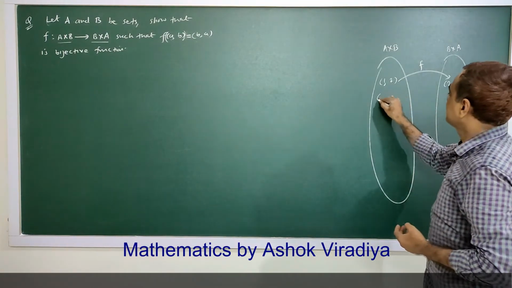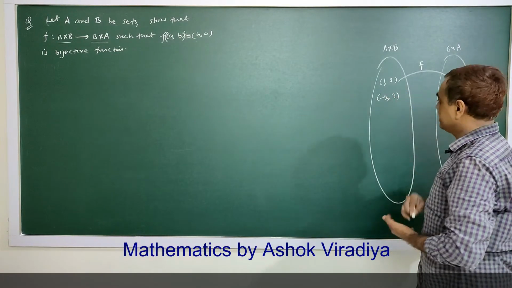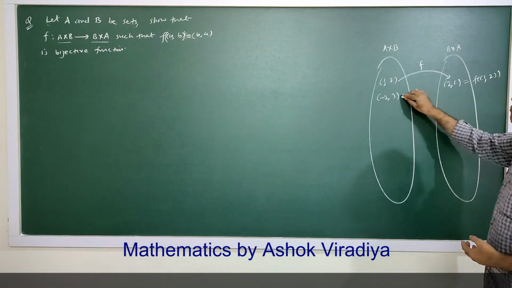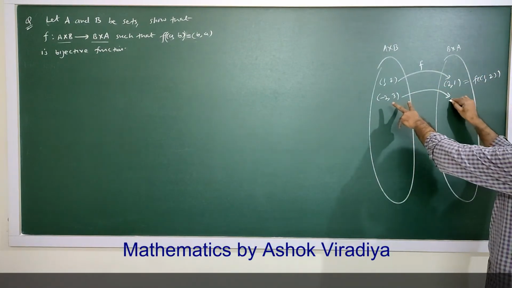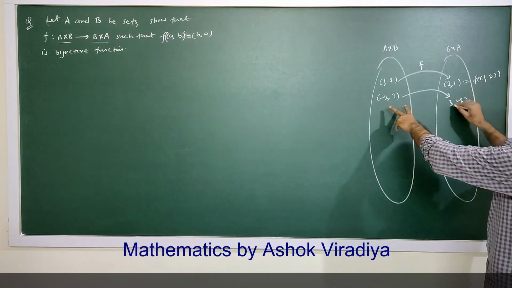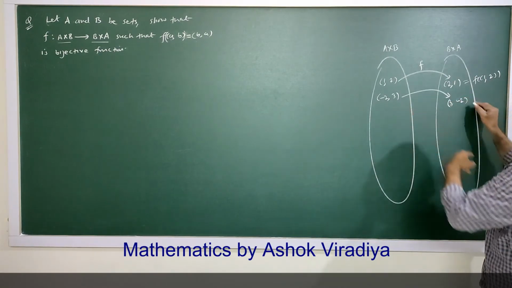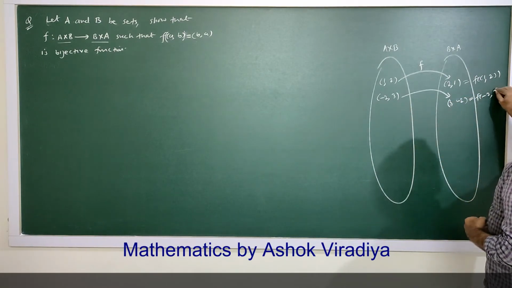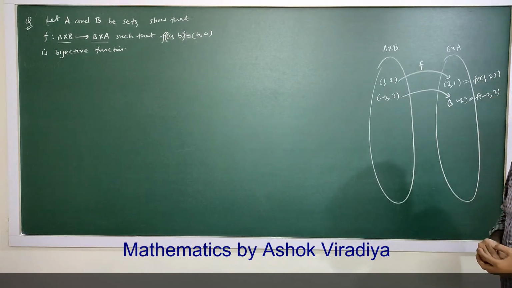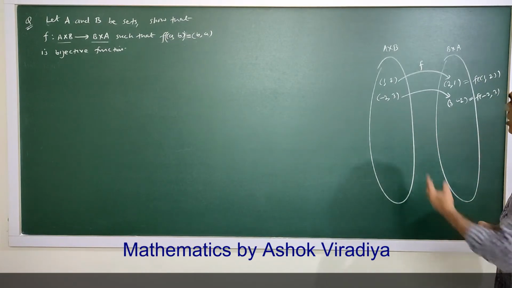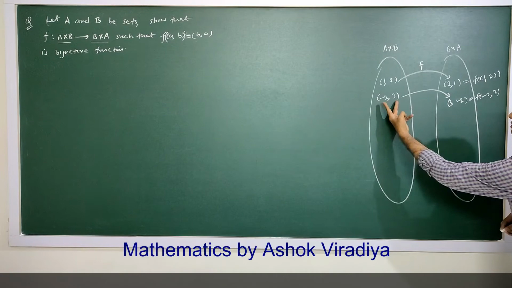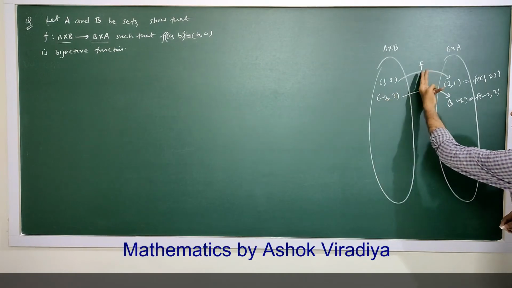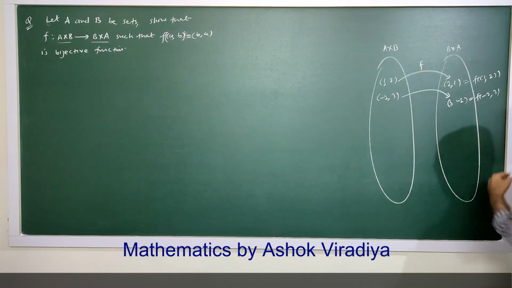If you put here, suppose, (-2, 3), then f of (-2, 3) is (3, -2). So when you keep an element (a, b) in the machine, it converts into (b, a).